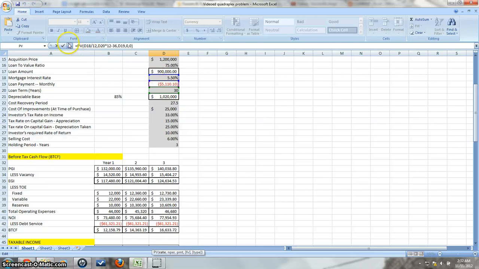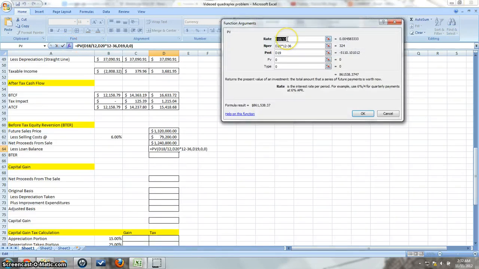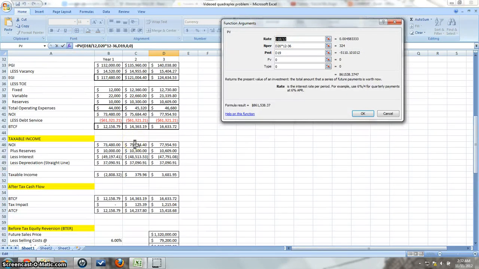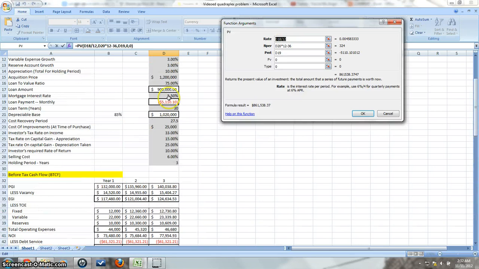Well here, if you click on it, you can see the loan rate. It's your loan rate divided by 12. Number of periods, D20 times 12 minus 36, because you've had 3 years. So 3 years times 12 is 36.